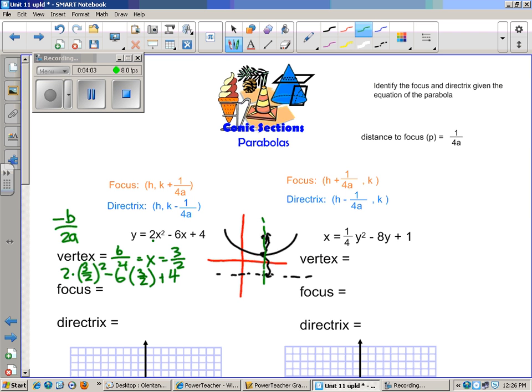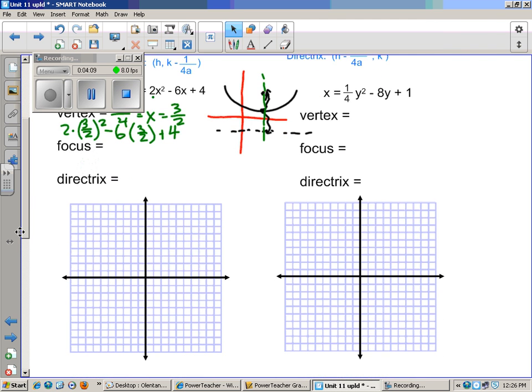Okay? And then I need more room here, so I'm going to move down here. So 3 over 2 squared is 9 over 4. So I've got 2 times 9 over 4 minus 6 times 3 over 2 plus 4.